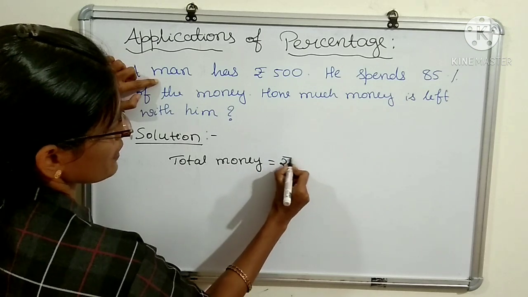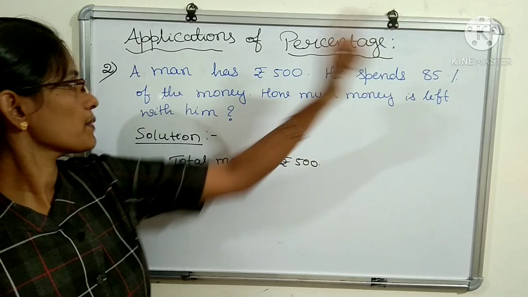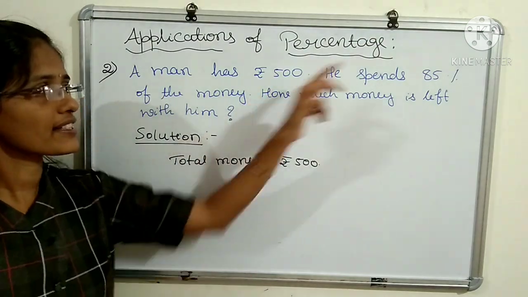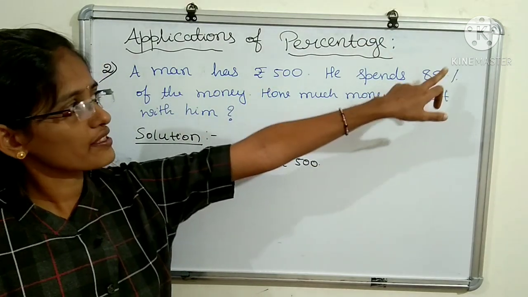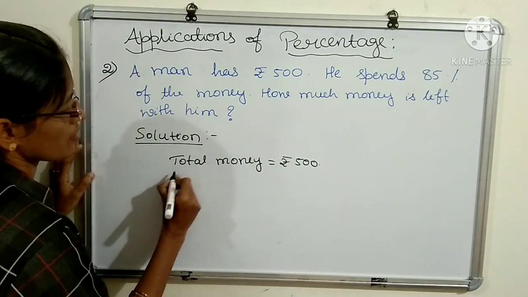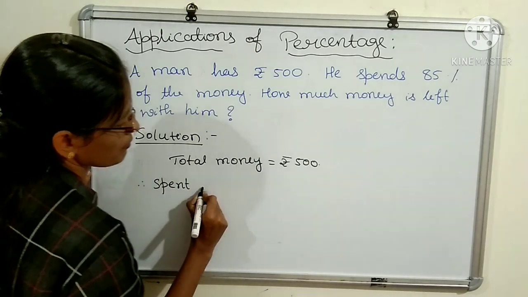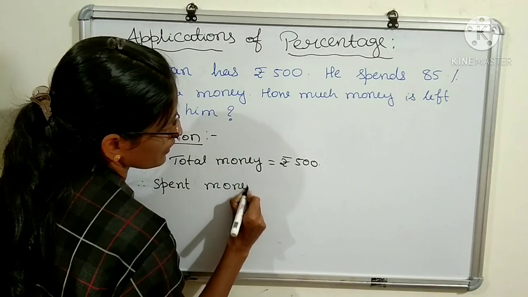Total money is rupees 500. In that, how much money he spends? 85% of the money. That is given in percentage. That percentage we have to convert in the form of rupees. So, therefore, spent money. How we can write, students?